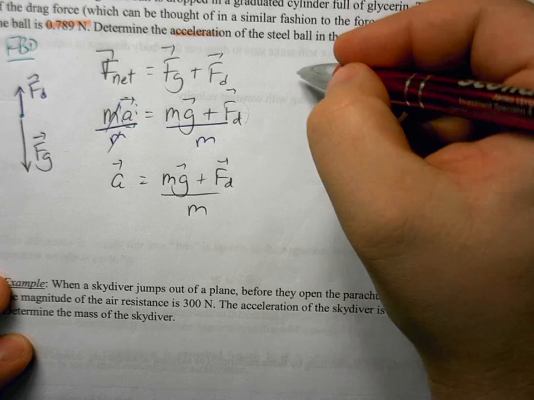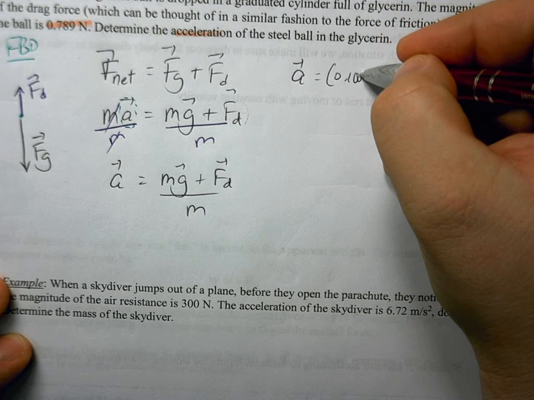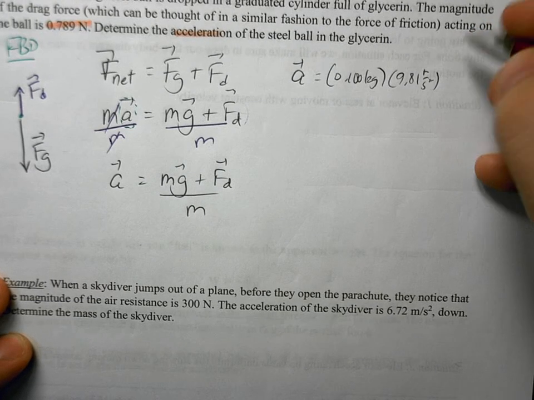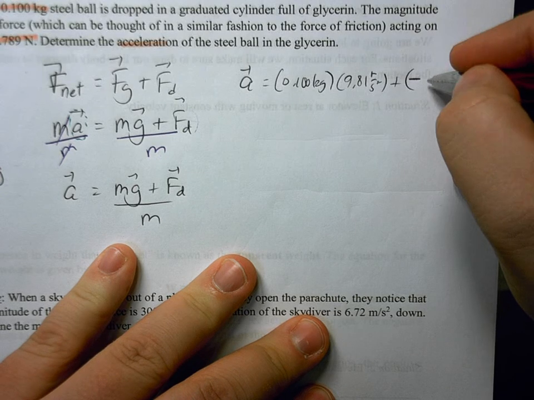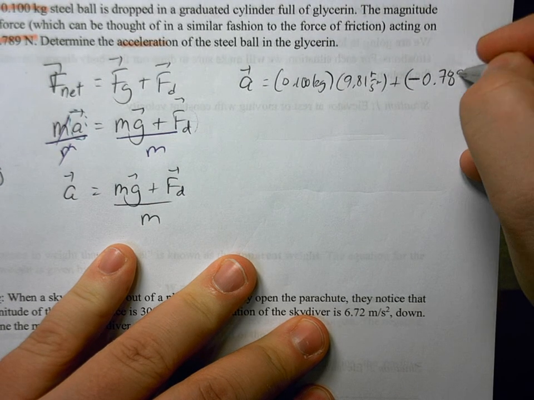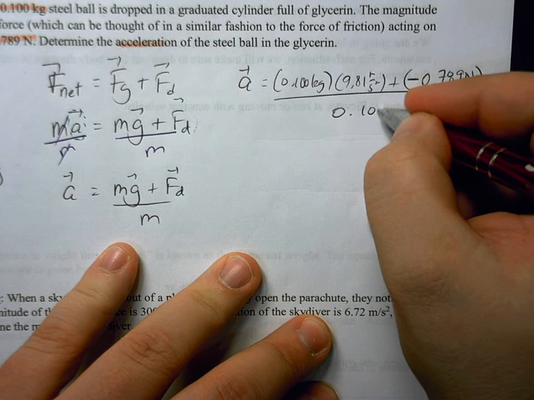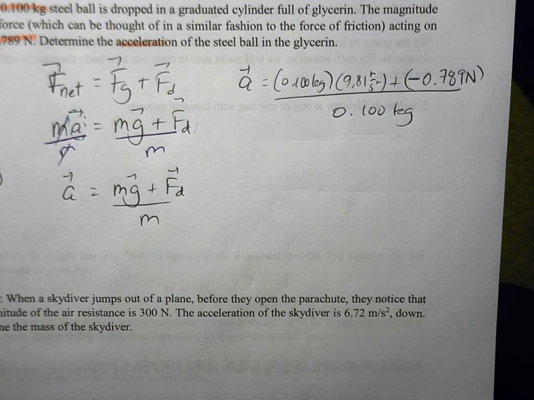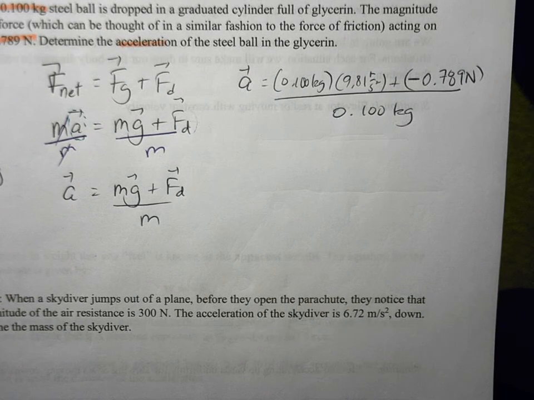The last thing we want to do is actually calculate this. So I have my mass, 0.100 kilograms, times positive 9.81 meters per second squared. And then we're going to add that negative 0.789 newtons, and then we're going to divide this by 0.100 kilograms. Making sure we include that negative is really important.